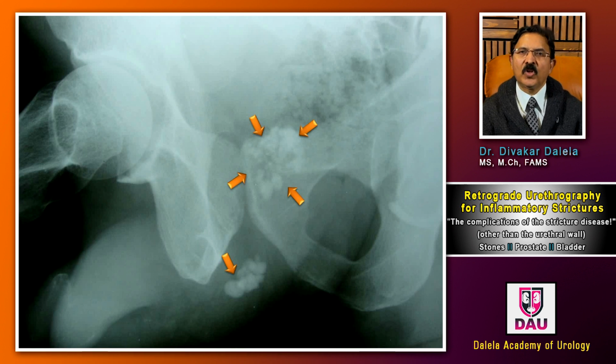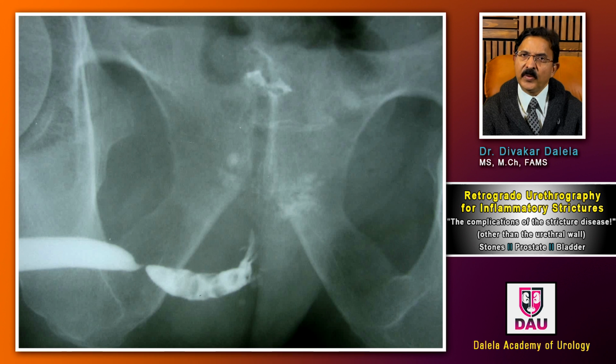Some of the stones dropped down, came out of the prostate and descended down into the bulbar urethra, and there they got lodged because they could not go any further down because of the stricture, right? So that's what I mean when I say that you are supposed to not only say that there are stones here, you're also supposed to say from where the stones have come in the proximal urethra.